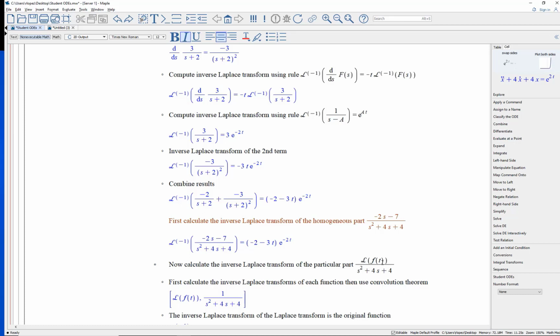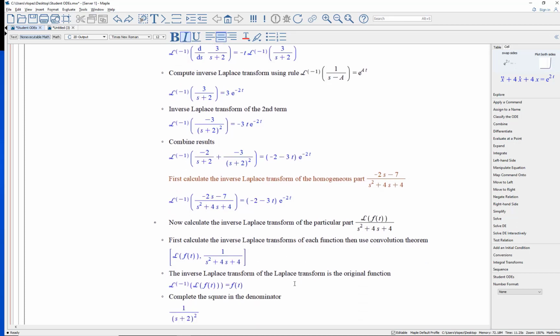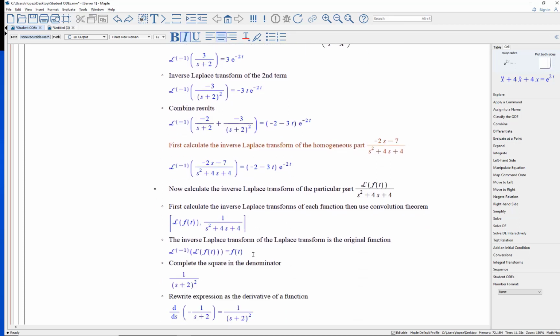And it looks at it as a convolution. It says, okay, we have a transform here multiplied by 1 over this polynomial. So it looks at this as a convolution between these two things. If you invert this piece, you get f of t.